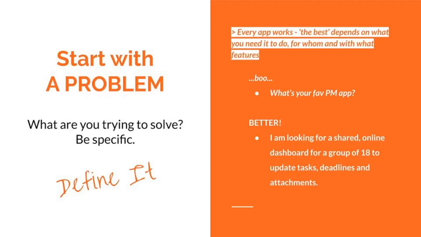My problem statement would consist of something along the lines of, I need a shared online accessible dashboard where collaborative users can update their tasks and deadlines, and I can track for all up project efficiency. That's a lot more detailed than what's your favorite project management app, right? Now what do we do?